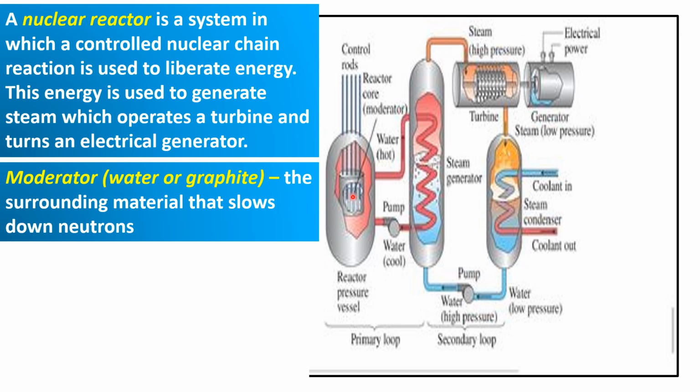It is the material that surrounds the uranium material, and the role of the moderator is to slow down the neutrons.